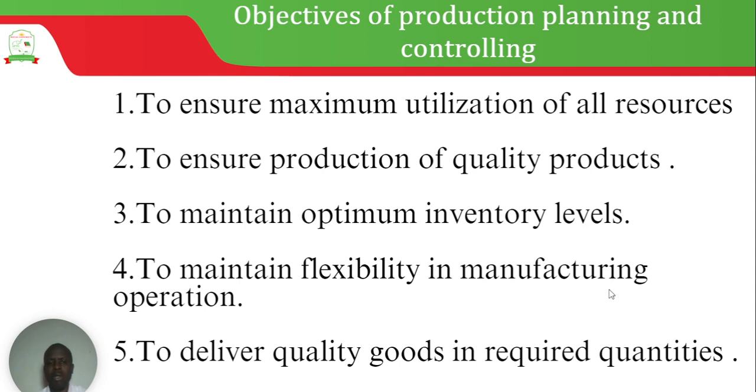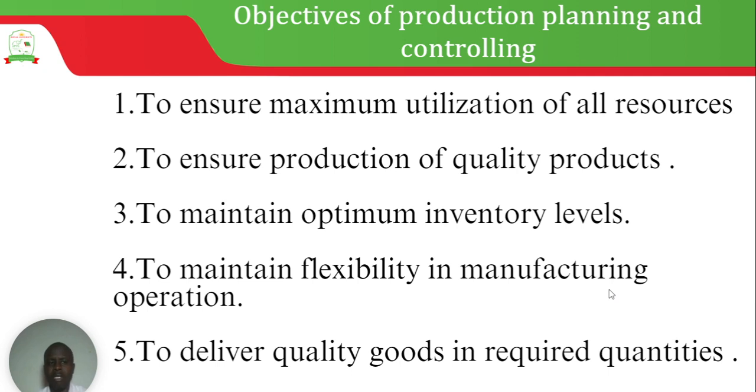We want to ensure maximum utilization of these resources that are at our disposal. So once we plan, then we can make sure in terms of time management, human resource management, we have been able to take care of all of them. And in terms of human resource, no human being or no employee is feeling underutilized in the organization.